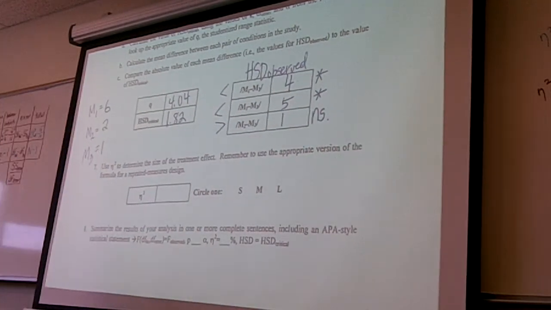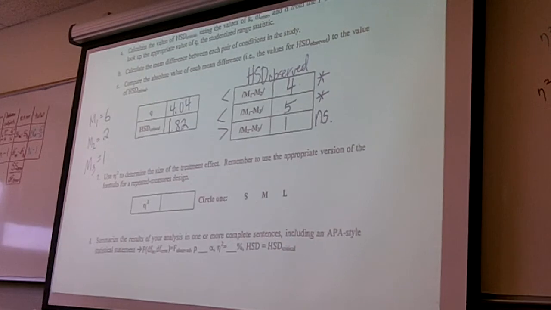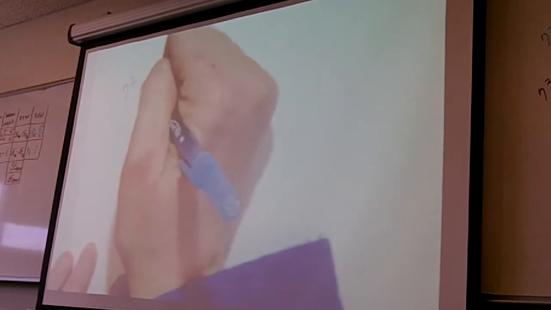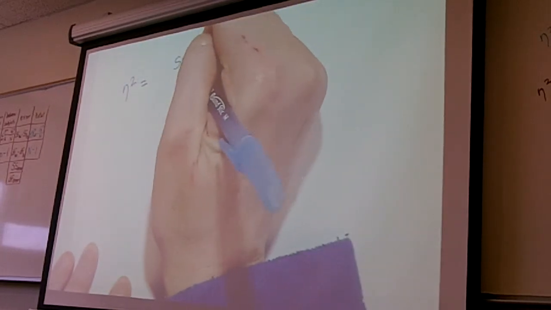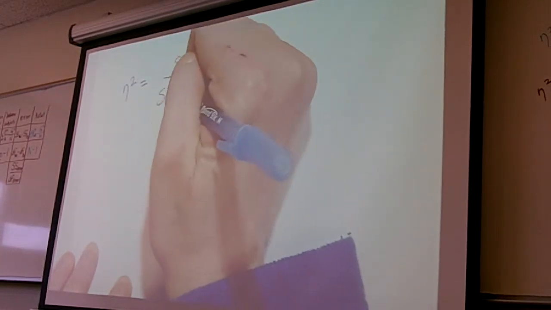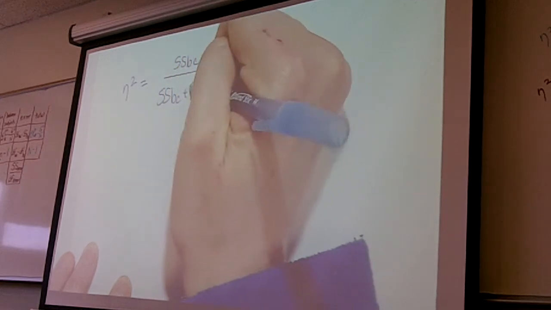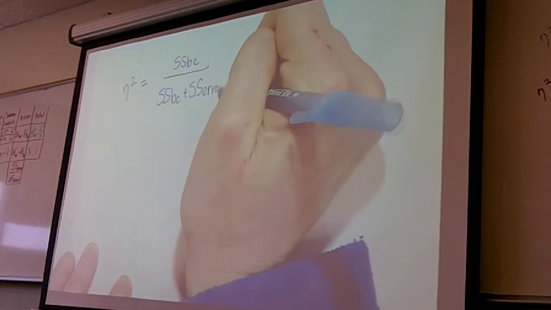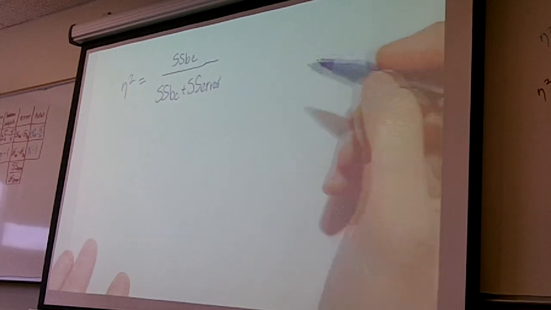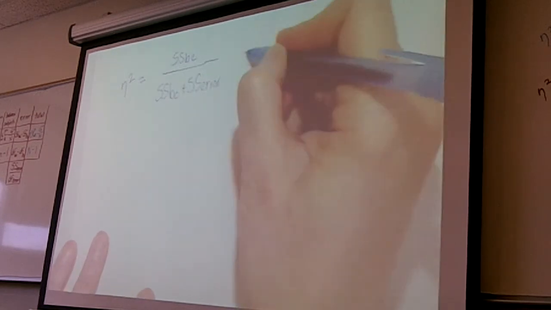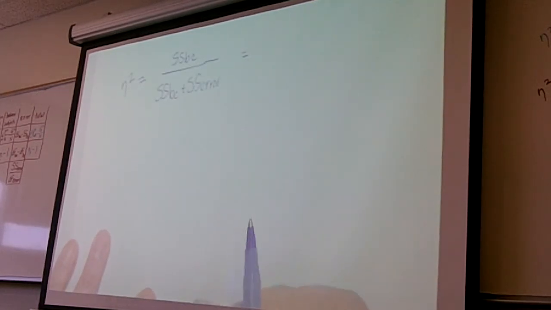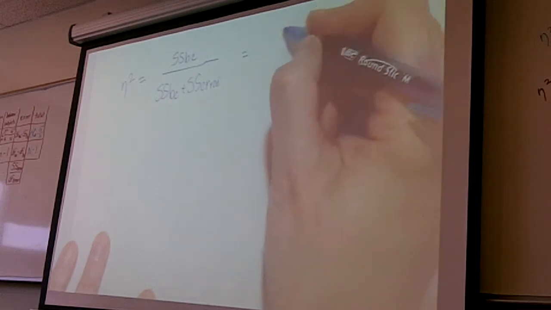So let's do that one together. Eta squared for related groups is sum of squares between conditions over sum of squares between conditions plus sum of squares error. So that means it's going to be, what was our sum of squares between conditions again? 70.